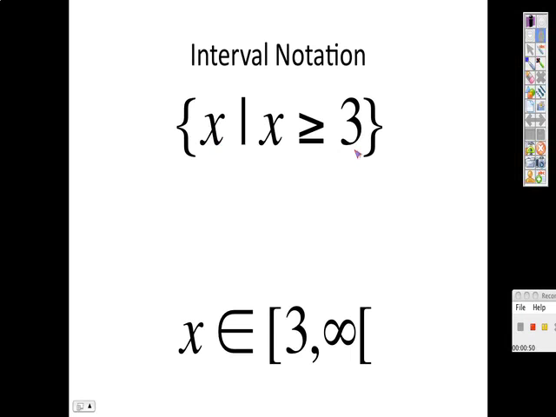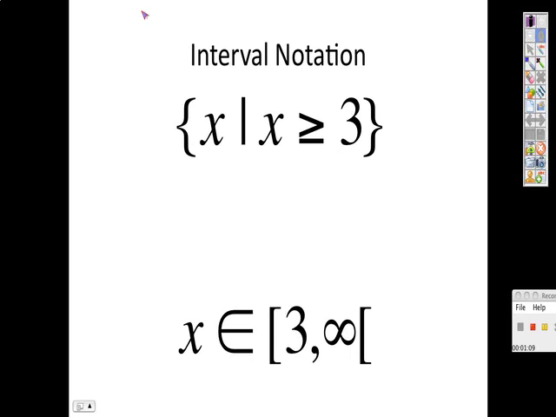The interval notation that means the same thing would be x is an element of, that's what this curvy E looking thing is right here. X is an element of 3 to infinity, inclusive on the 3 side.